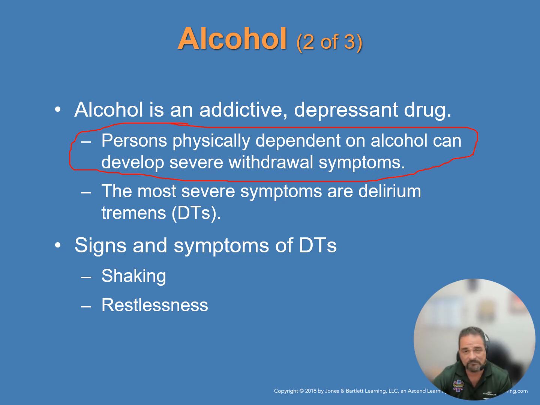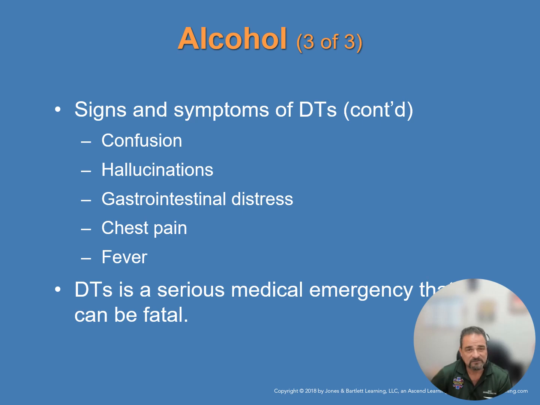So these can manifest themselves as the person withdraws from not having the alcohol any longer. Signs and symptoms of the DTs continue with confusion, hallucinations, gastrointestinal distress, even chest pain, and sometimes fever. It's a very serious condition and they need to go to the hospital. It can be fatal if they don't get seen by a physician in a hospital.